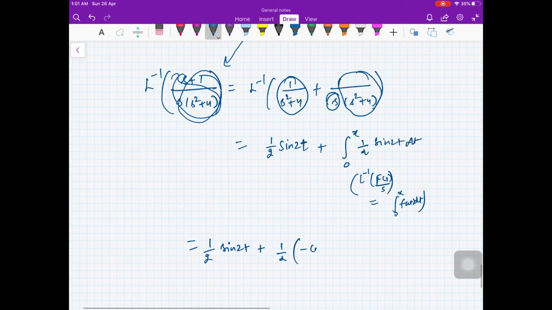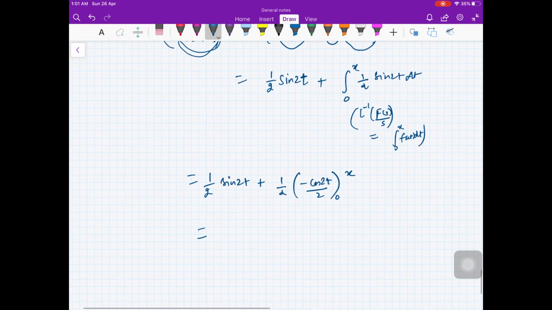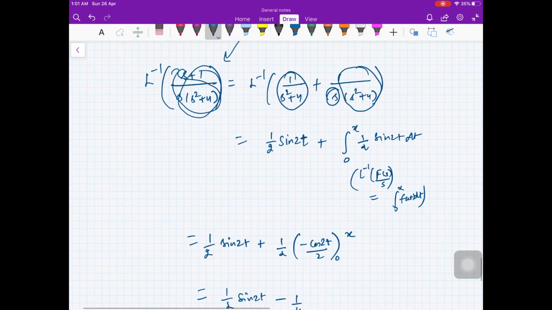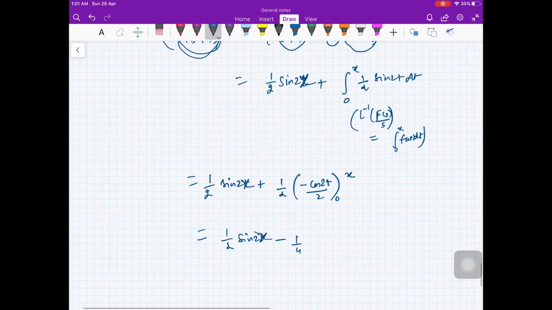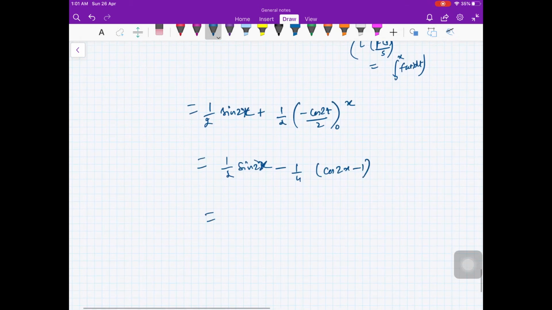So this is 1 by 2 sine of 2t plus 1 by 2 times minus cos of 2t by 2, from 0 to x. So you get 1 by 2 sine 2x minus 1 by 4, written in x, and then minus 1 by 4 cos of 2x minus 1, right?